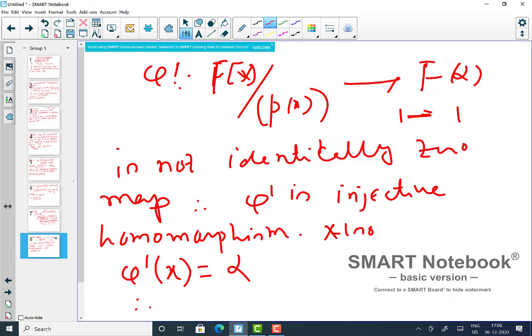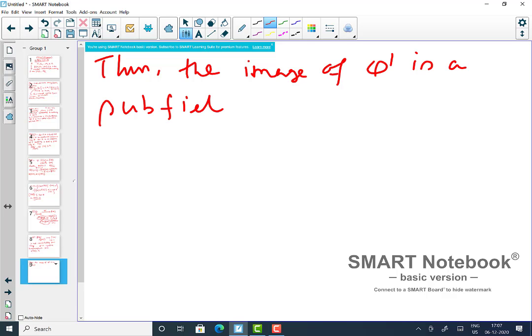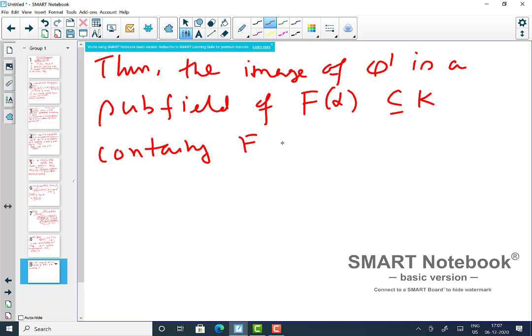That means the image of phi dash is a subfield of F(alpha), and hence also a field K containing F and alpha.